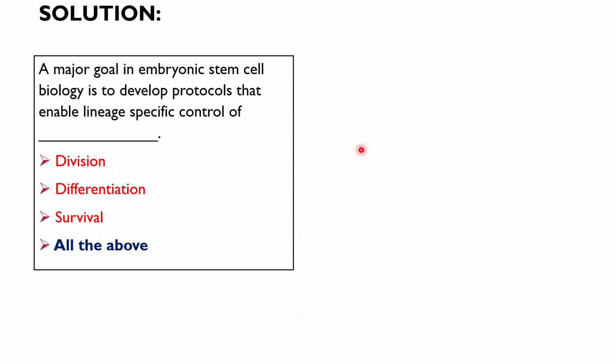So it can give rise to both a differentiated cell and another stem cell. The main aspect of an embryonic stem cell is that it can divide and it can differentiate, and for survival. So all three options are the right options, and so option D, all of the above, is the correct option.